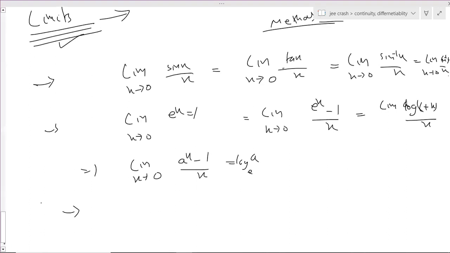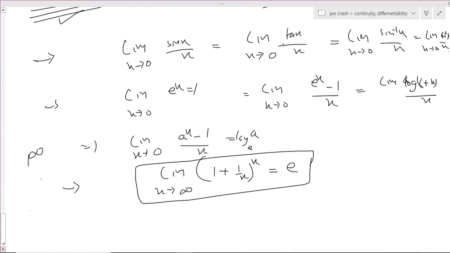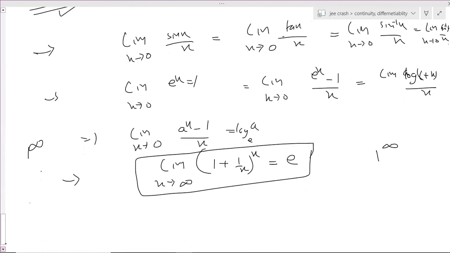One thing is not covered in NCERT, which is the 1 to the power infinite form. So write it down also: limit as x tends to infinity of (1 plus 1 upon x) to the power x is equal to e. Very important. You might not have seen this previously. This is the 1 to the power infinite form.